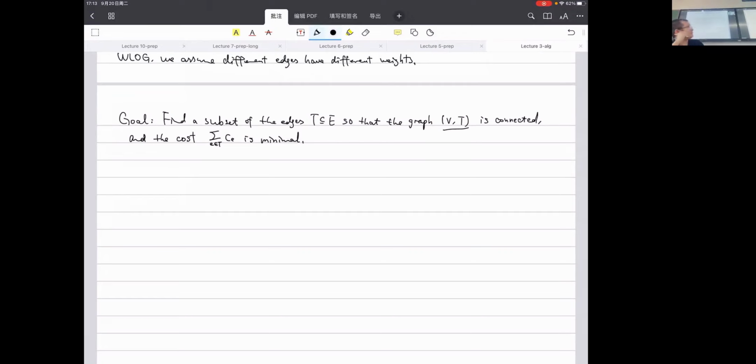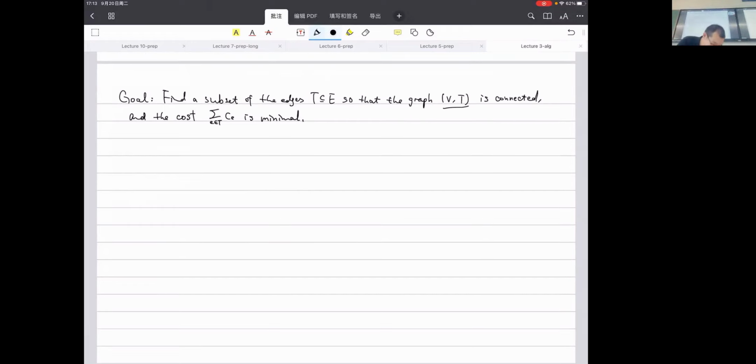Here you see I'm using the capital letter T for the subset of edges, which suggests I'm talking about a minimum spanning tree. A key observation here is: let T be a minimum cost solution, and then (V, T) is a tree.